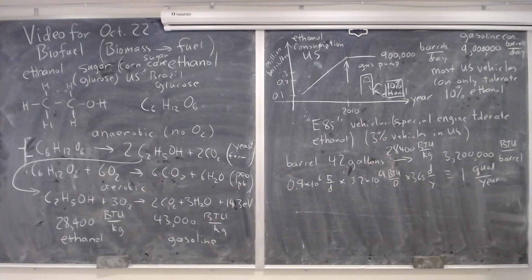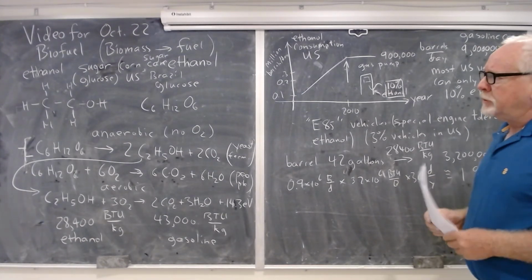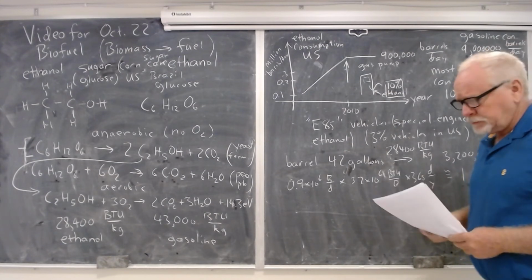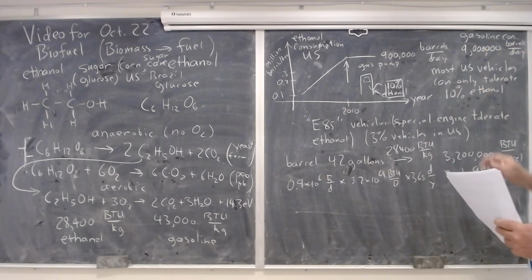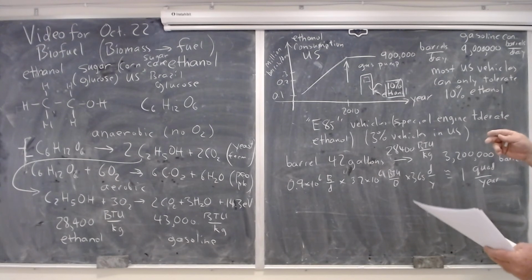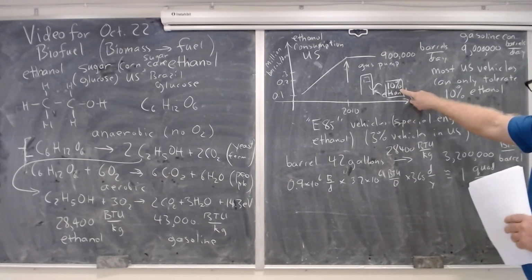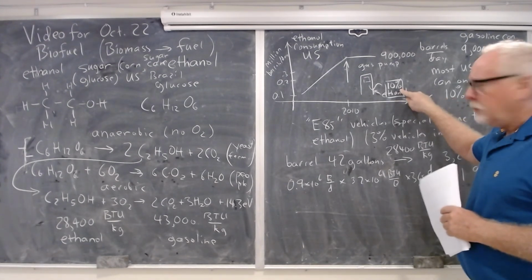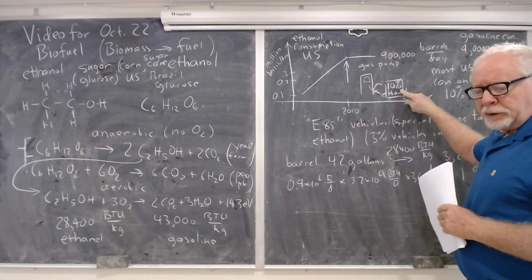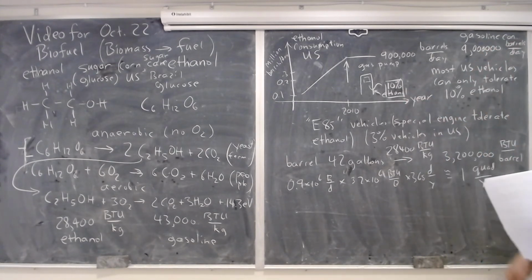So basically, that number can be increased in terms of we can probably produce more ethanol. But the limitation right now is most of our vehicles can only tolerate 10%. And so to a certain extent, it's kind of a chicken and an egg problem.